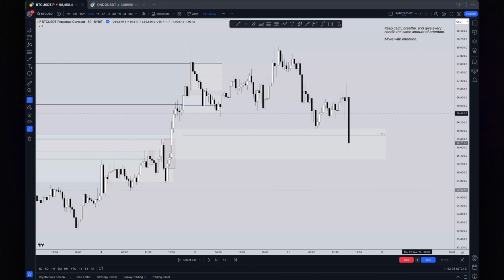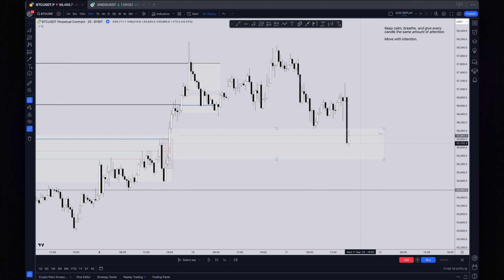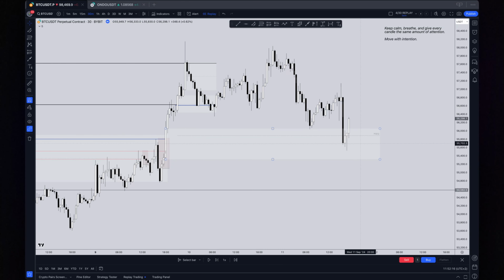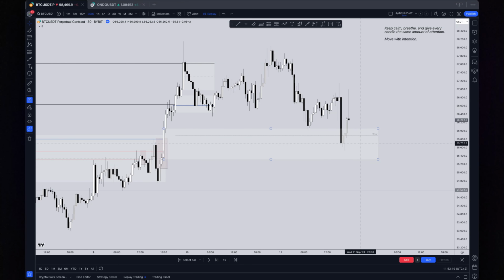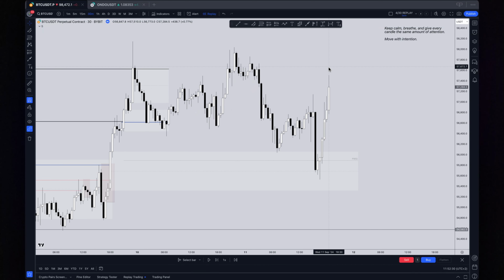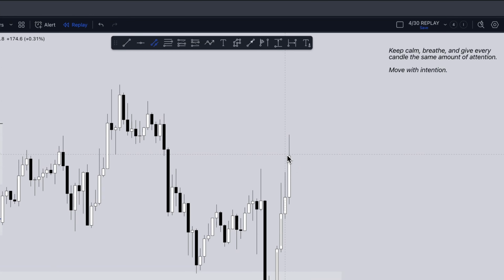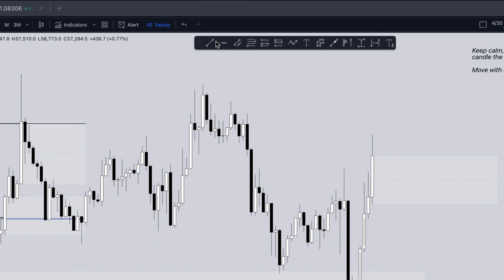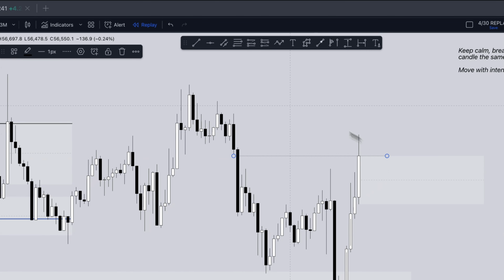Beautiful reaction at the stops at the EQ. Forms a swing, sweeps it again, strong reaction to the upside, continuation. I want the level to flip, which we do there. And now we're back up. And this is where we're going to look for trades. If it closes through here, which it does not.